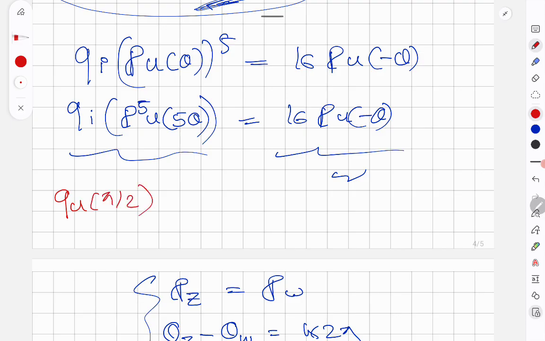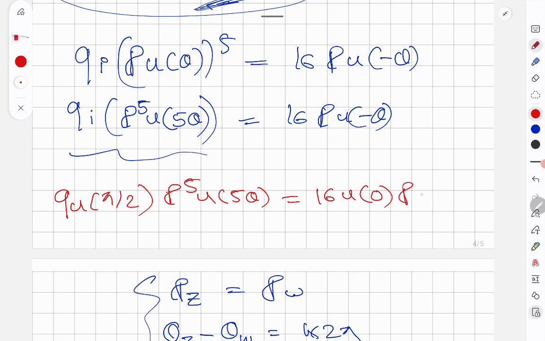Whenever you see just i, it is e to the i pi by 2. So this one is rho to the power 5 e to the i 5 theta, and this one you can write as 16 e to the i 0 times rho e to the minus i theta. I just converted the normal 16 and 9i into polar form.